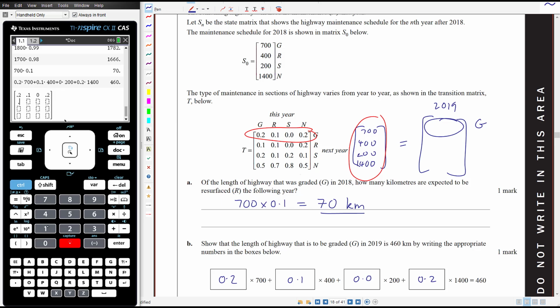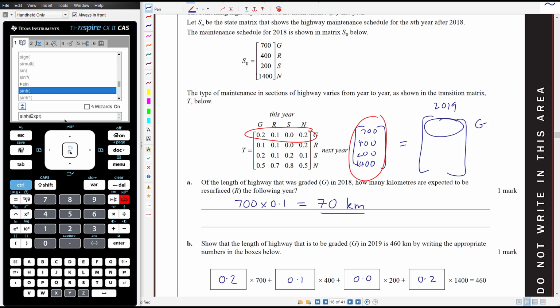The second row is 0.1, 0.1, 0, 0.2. The third row is 0.2, 0.1, 0.2 and 0.1, and the fourth row is 0.5.